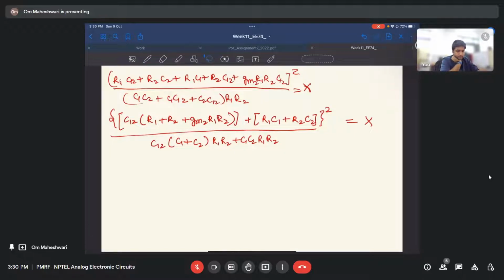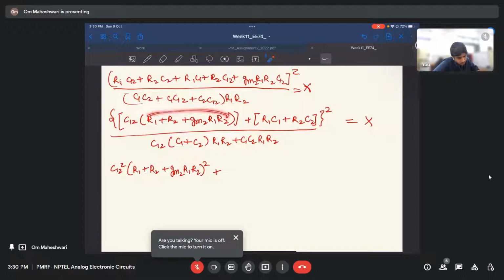I'll multiply it here and then form the quadratic equation. So it will be C12 square times (R1 plus R2 plus GM2 R1 R2) whole square. This is a whole square, so it is a square plus b square plus 2 times ab.